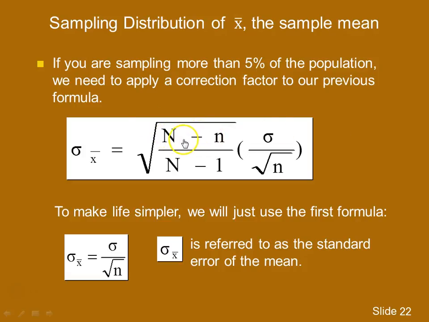If little n is small relative to big N, then (N minus n) over (N minus 1) is pretty close to the number 1. And of course, the square root of 1 is 1, and it would just drop out of the formula. We'd be left with the simpler formula: sigma x bar is sigma over the square root of n. And as I said before, sigma x bar is called the standard error of the mean.